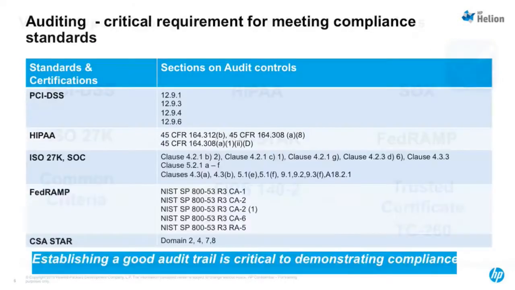When we take a closer look at these certifications and standards, it's very easy to see that there are various sections within them that point to very specific audit controls. These are key requirements as enterprises move to the cloud, particularly OpenStack. It's important that all these OpenStack services be able to audit and log specific events to support this type of compliance.